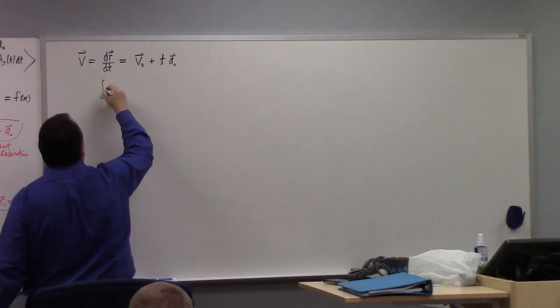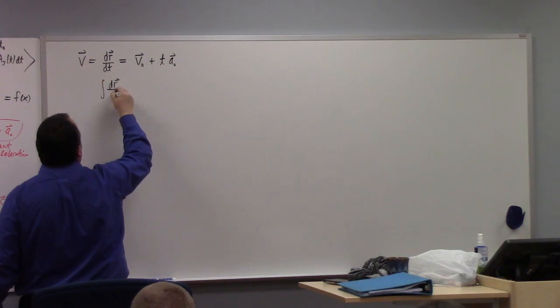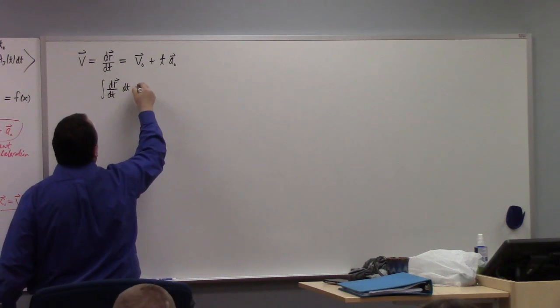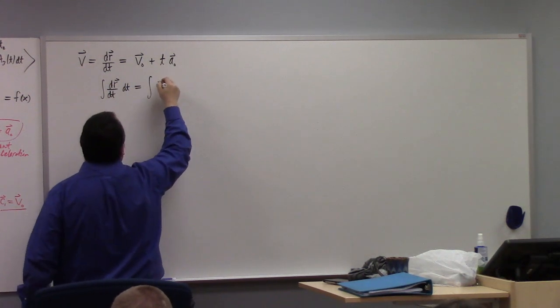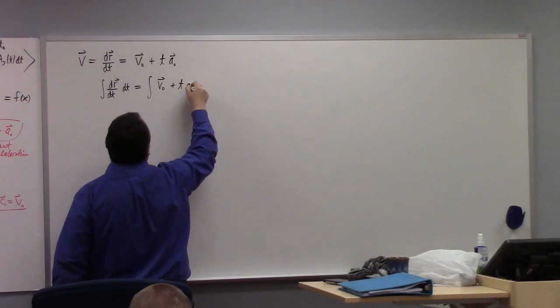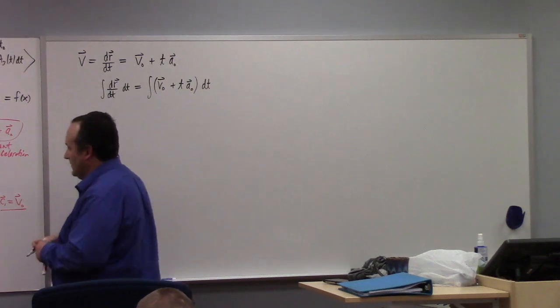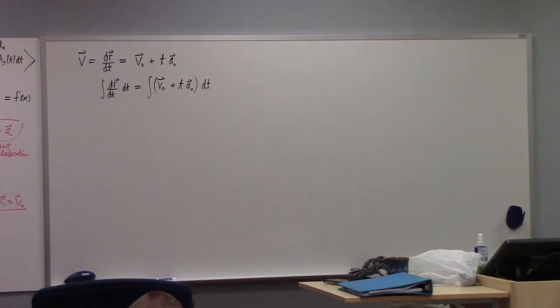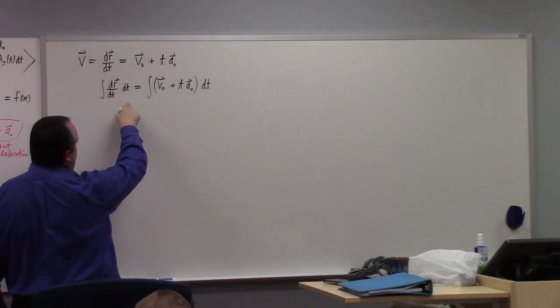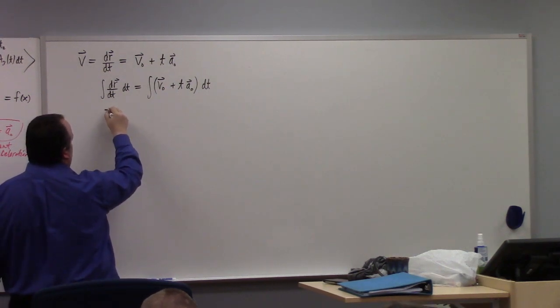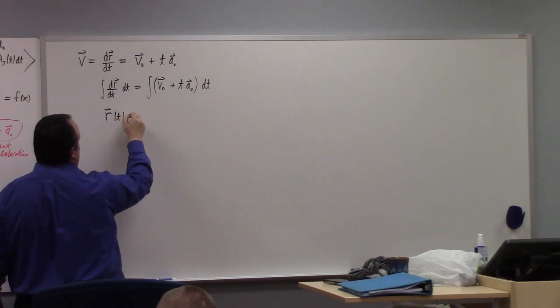If I integrate, dr/dt is equal to the integral of v naught plus t a naught dt, and I'll stick with the indefinite integral for now. The left-hand side just gives me r at time t.